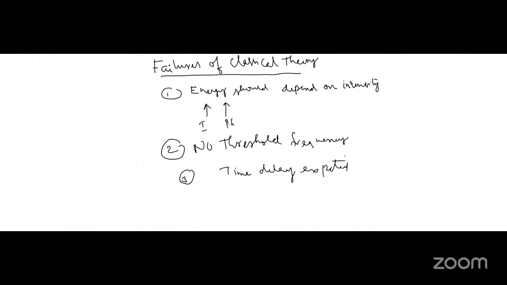Einstein suggested that light consists of discrete packets of energy. According to the classical theory, light is continuous, but Einstein explained that light is not continuous; it consists of discrete packets of energy, which we call quanta or photons.